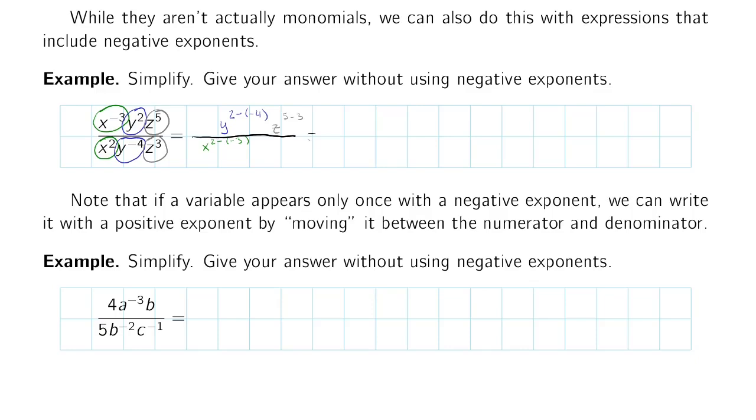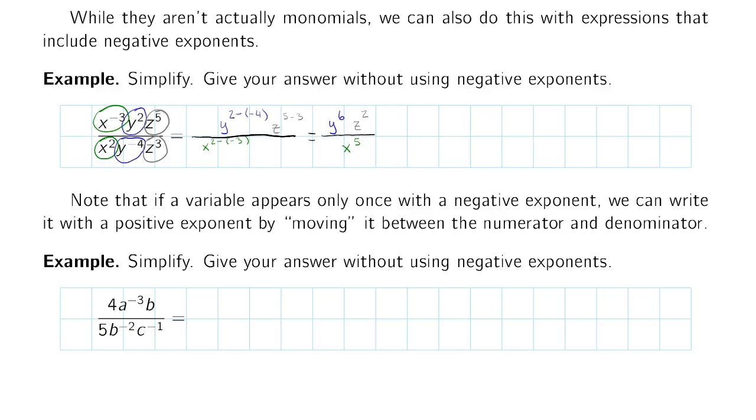Okay, where does that leave me? Well, for my numerator, I have y to the power 2 minus negative 4 is positive 6. And then I have z to the power 5 minus 3 is 2. In my denominator, I have x to the power 2 minus negative 3 is 5.